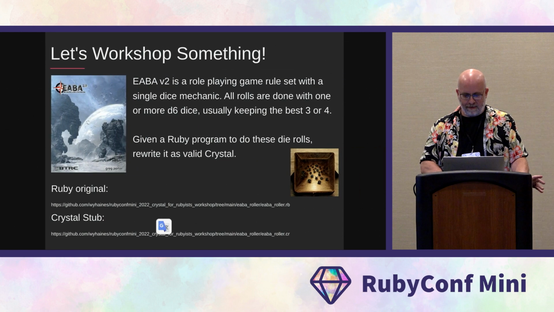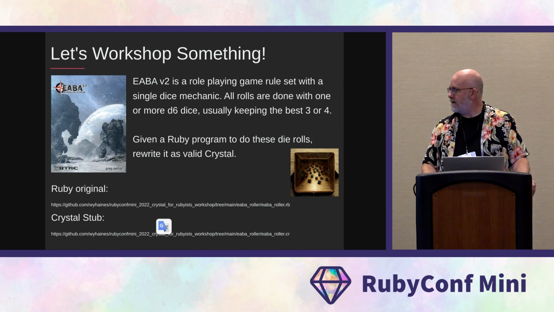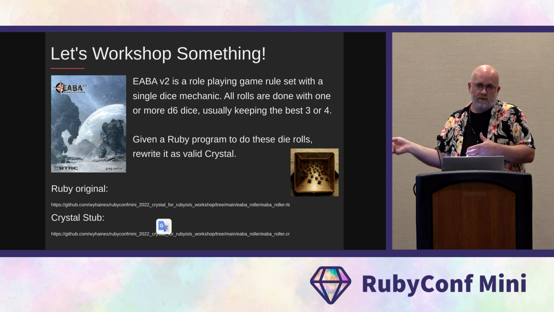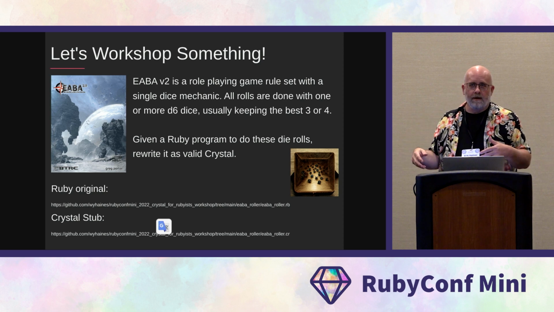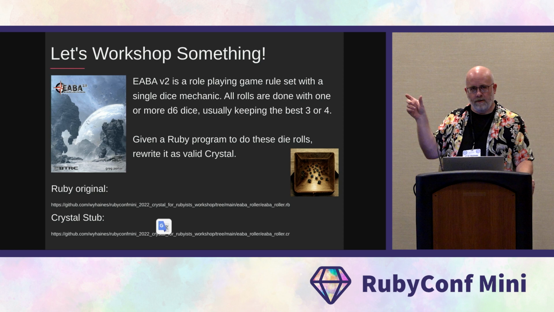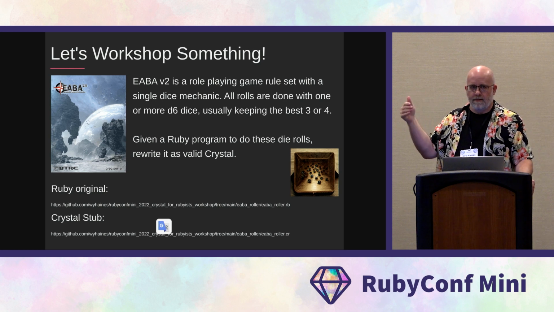And then the other thing that I have is actually in the repo. There is a Ruby program that was implemented as a dice roller for like a role-playing game. And I implemented it in Ruby, and there's a stub in the repo of a Crystal implementation, but it's not completed.